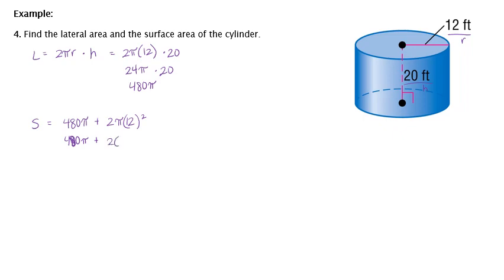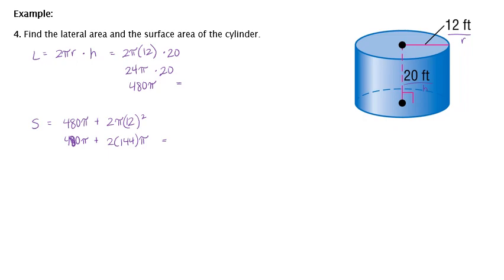And maybe at this point, I'll go ahead and take my calculator out and round both my lateral area and my surface area off. Maybe I'll just round to the nearest tenth. Or maybe nearest whole number. Yeah, we'll do nearest whole number.